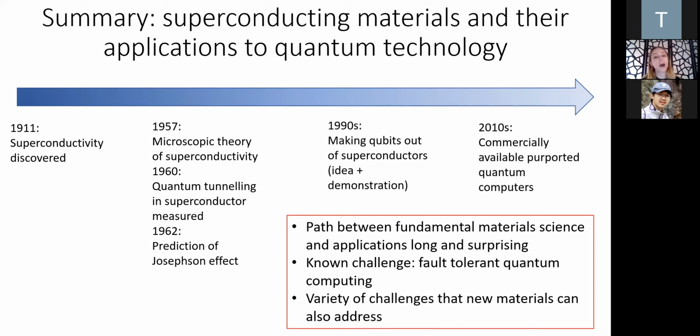So one of the ongoing challenges in this field is creating fault-tolerant quantum computers, which may require a new materials paradigm. And there are a variety of challenges related to both superconductivity and quantum computing that new materials can address.